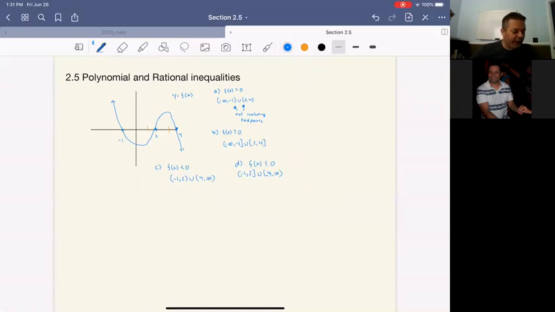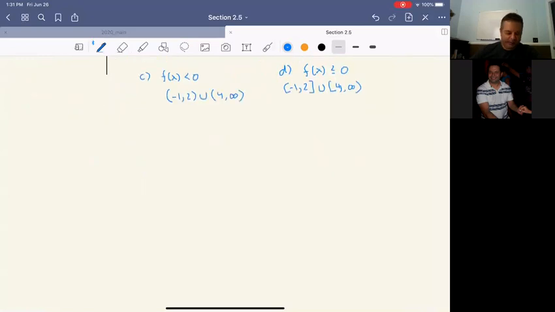Let's take a look at, let's say, an example where we're given the algebraic expression. Okay, so let's take f of x equals x squared times x minus 4 times x minus 7 greater than or equal to 0.